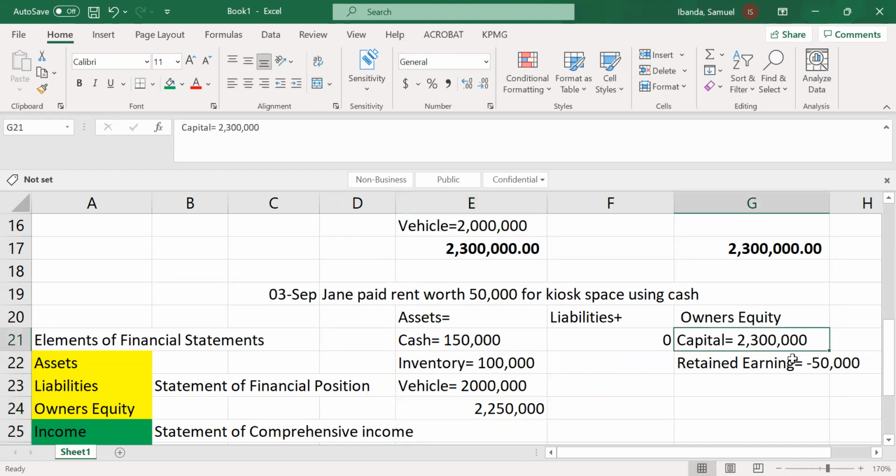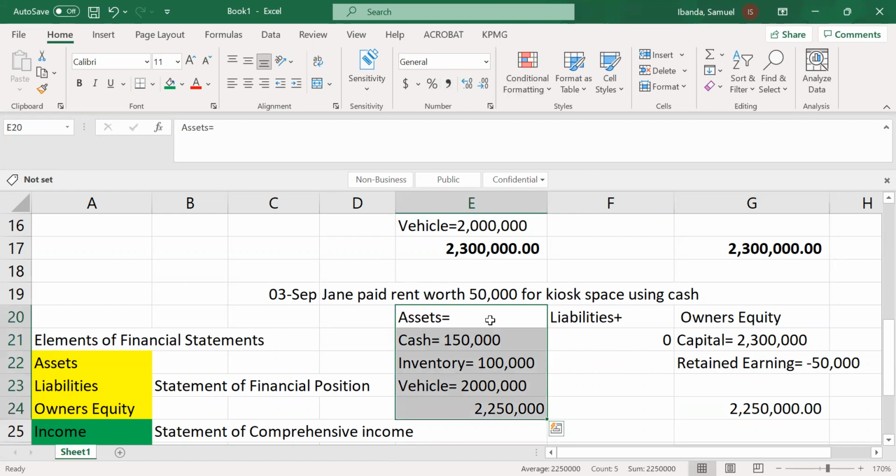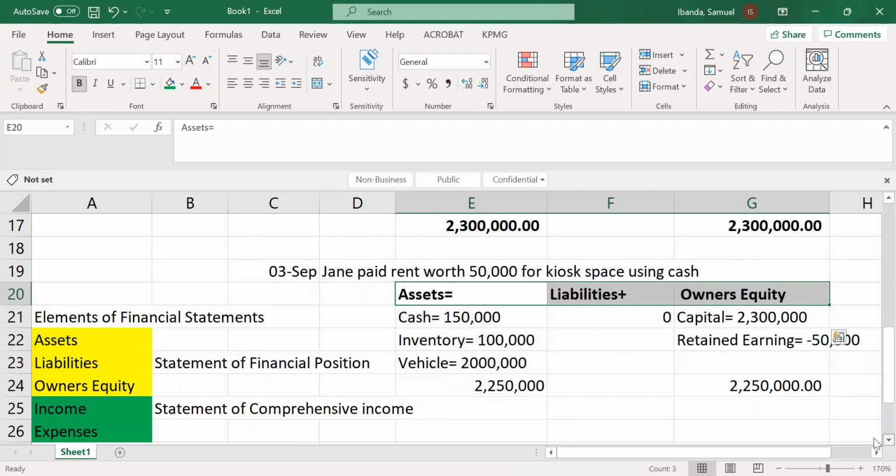When we come and do this 2.3 minus 50,000, we are going to get 2,250,000. So we're going to get a very similar amount to the one we have this side. So this is how we recognize an expense and revenue on this aspect. Let me just do one more where we have a revenue.